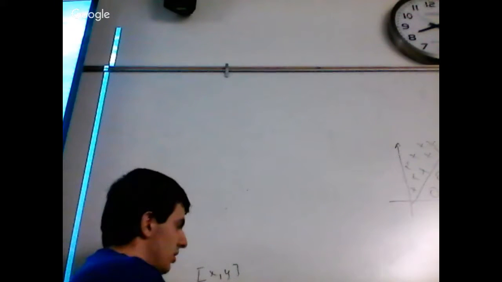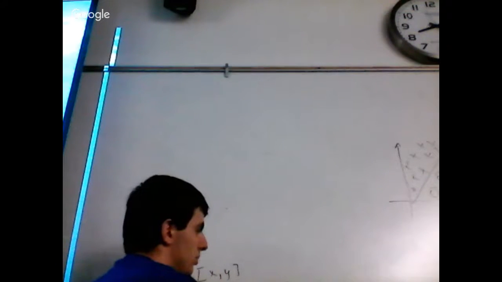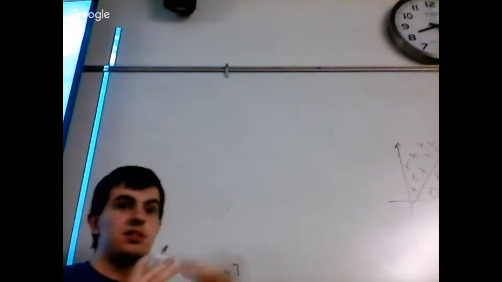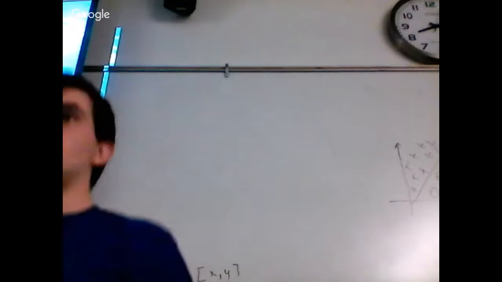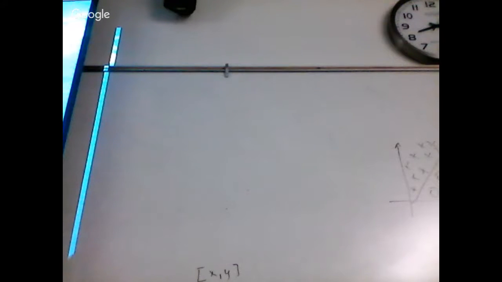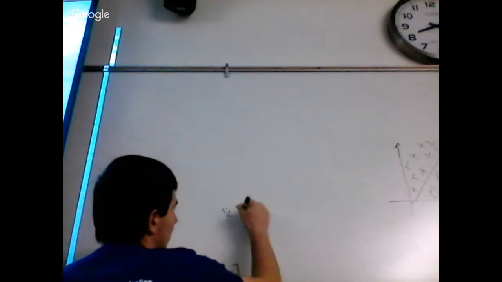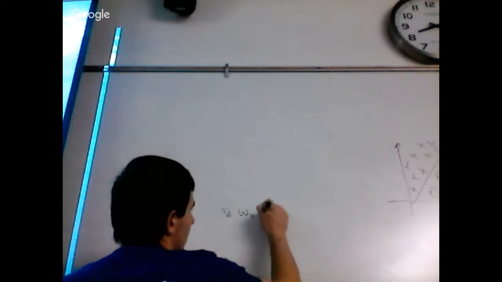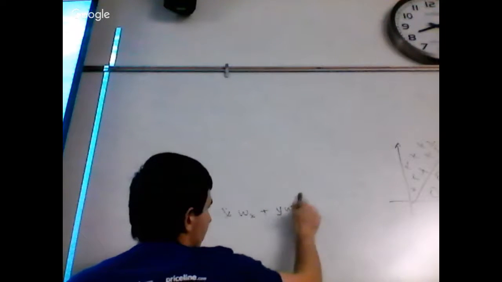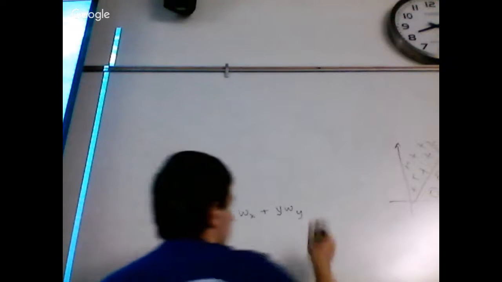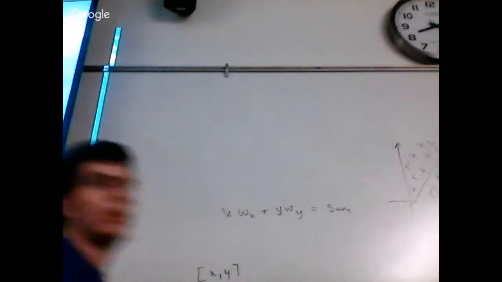So we're going to multiply this X value and this Y value with Wx, which is the weight for the X synapse, and the weight for the Y synapse. If we multiply X by Wx and add that to Y times Wy, we're going to get some sort of sum. So we're just going to call this the sum, okay?